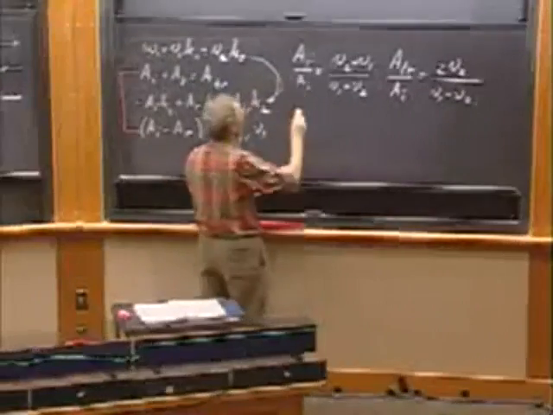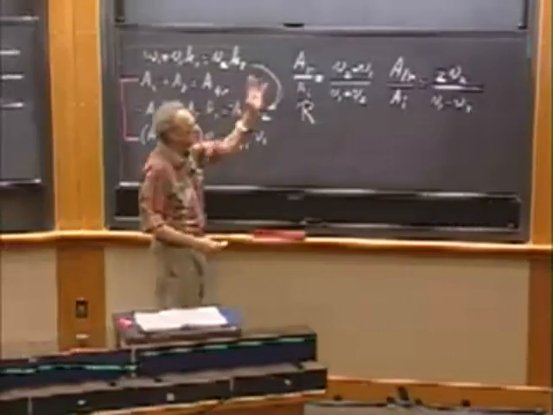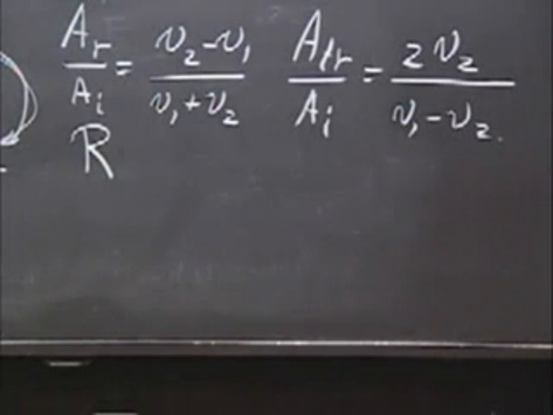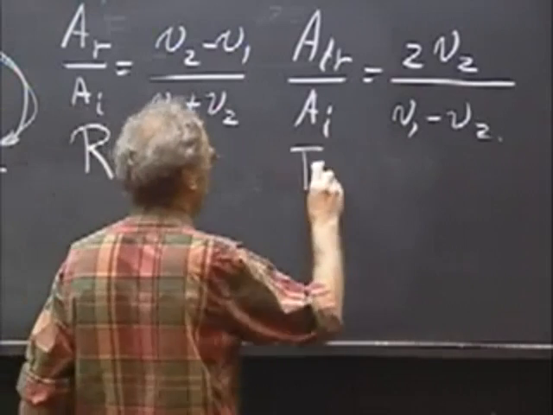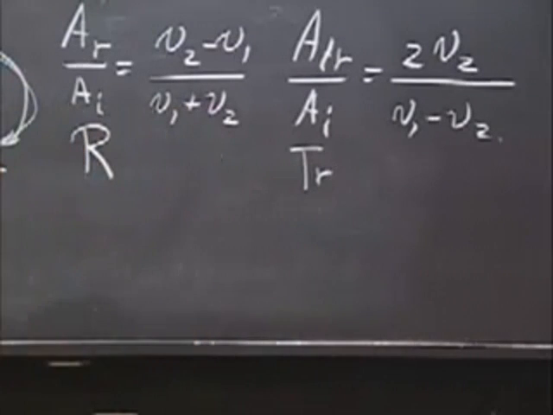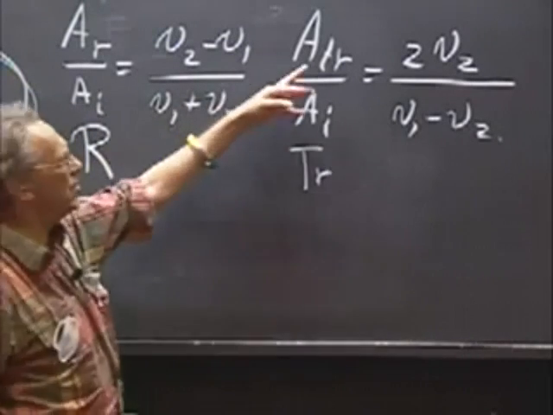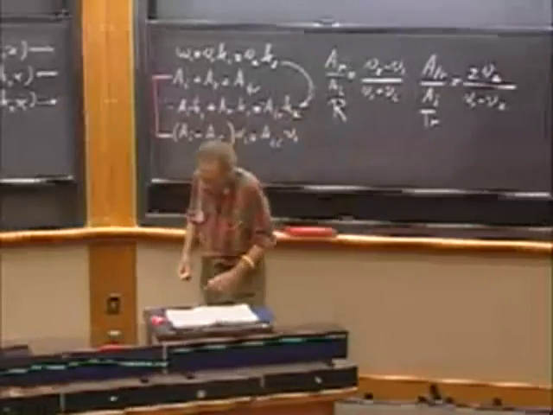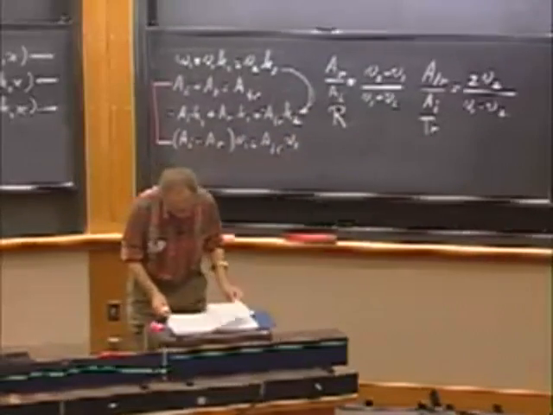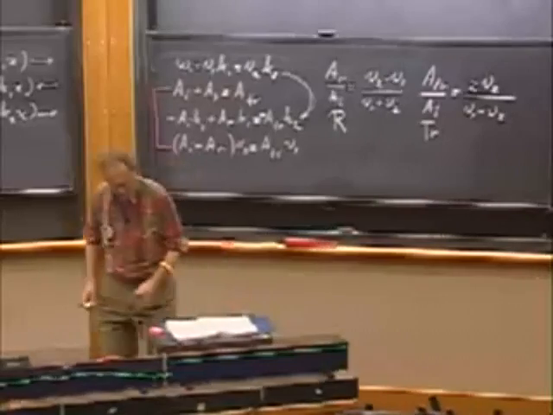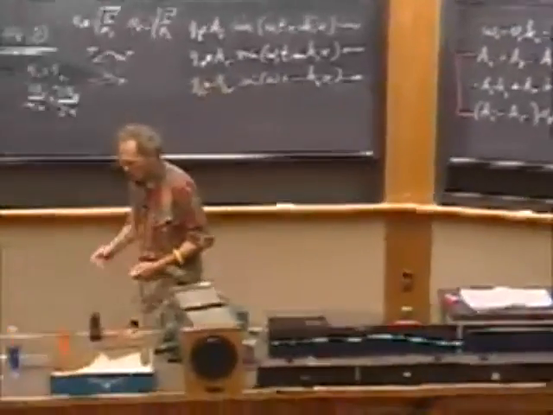Sometimes I call this with shorthand notation R, reflectivity, it's the ratio of amplitudes, and sometimes I call this shorthand notation TR, which is transmittivity, the ratio of the amplitude that penetrates the second medium divided by the one that came in. So that is just my shorthand notation.